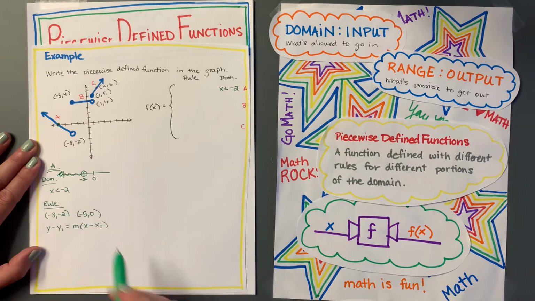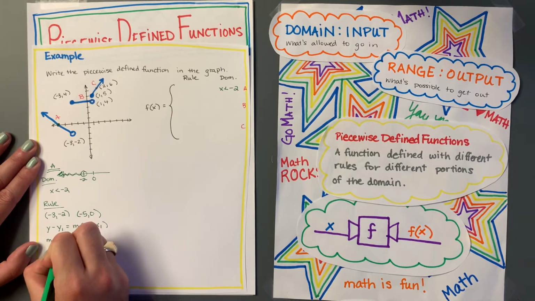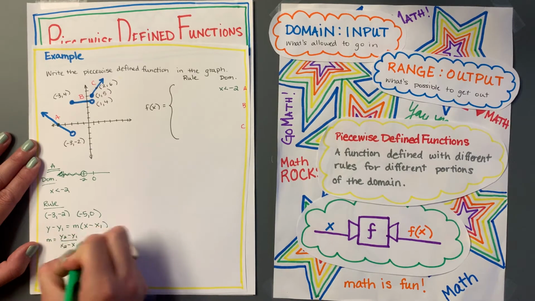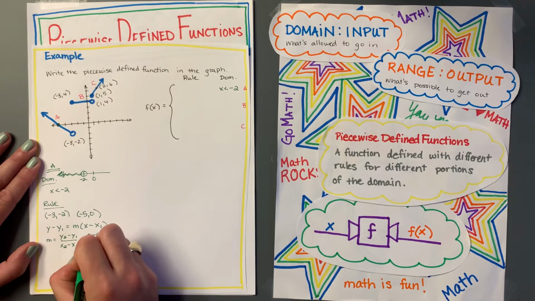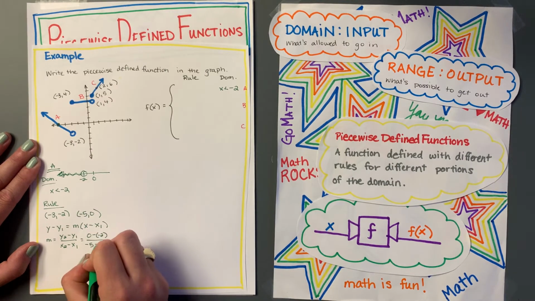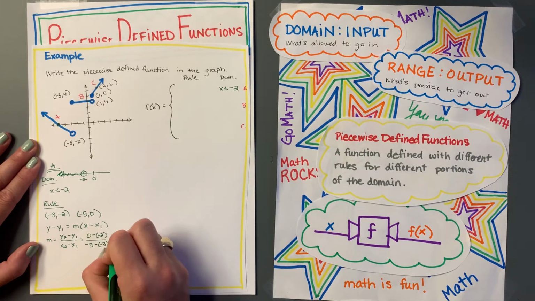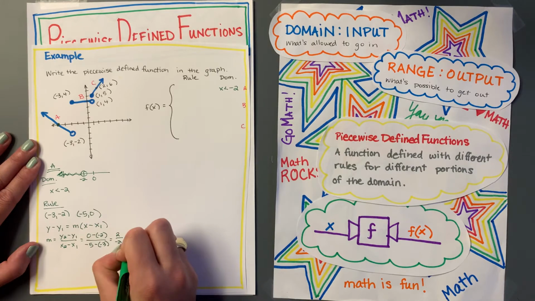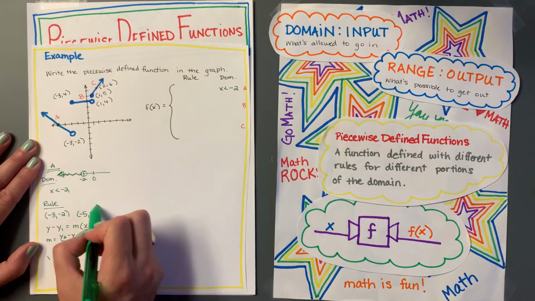So starting with this, I need to find my slope. So my slope is y2 minus y1 over x2 minus x1. So that's going to give me 0 minus -2 over -5 minus -3, which is 2 over -2, which is -1.